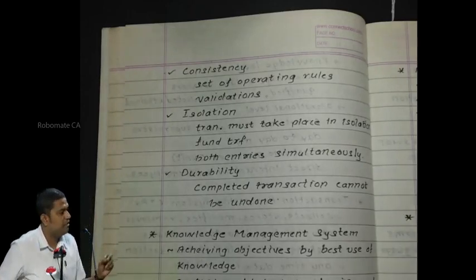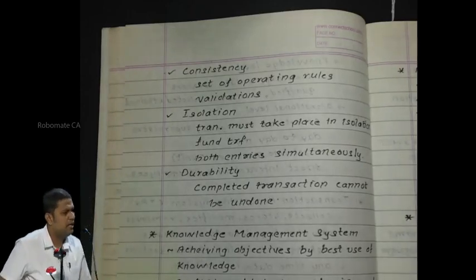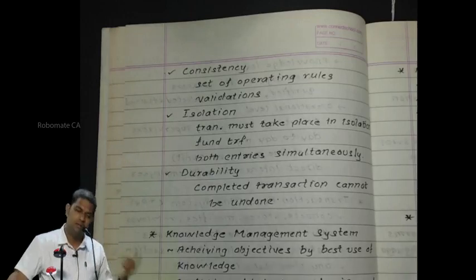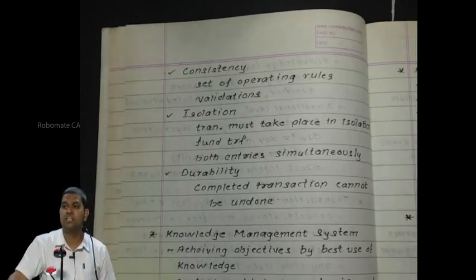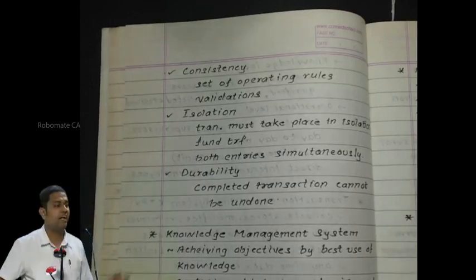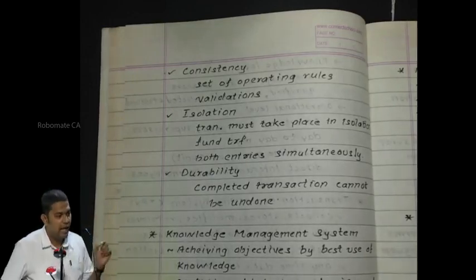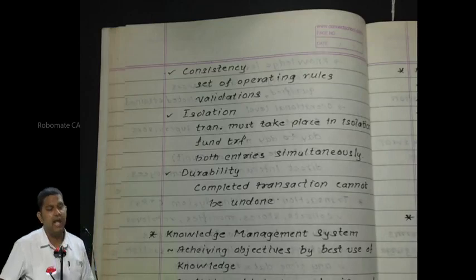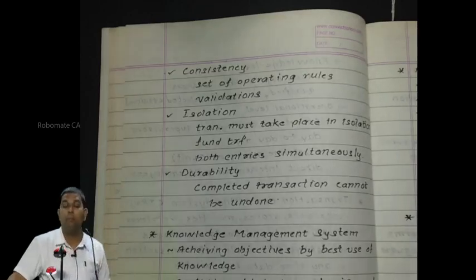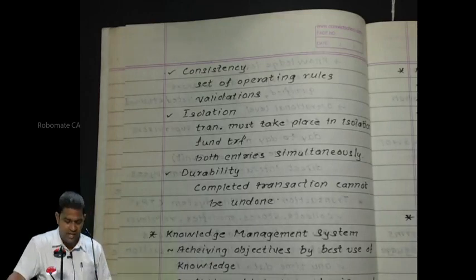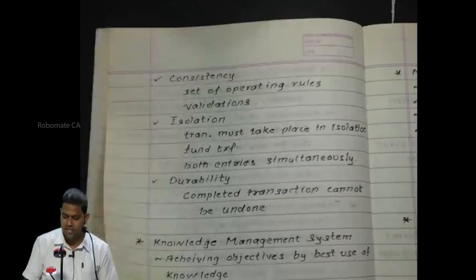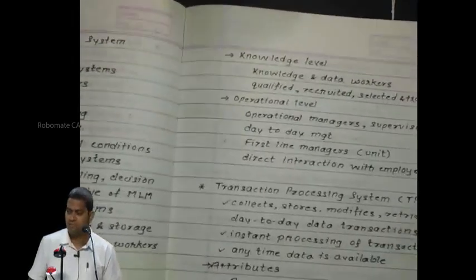If your account is debited for some amount, immediately the amount will be credited in your same account, because the transaction was not completed. So if a transaction is not completed, an error log will be created, and in no way a completed transaction can be reversed. Okay, so that was nothing but something called as a transaction processing system. Understanding?